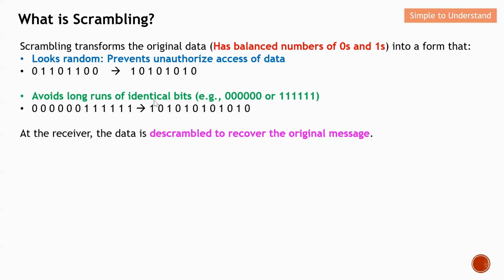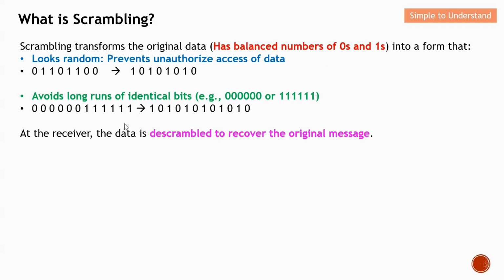But once I scramble into this format, the data will remain intact. One thing that I need to highlight is that we need to have a balanced number of zeros and ones. What does this mean? For example, this is the original data, and you can see that it has 40 zeros and 41 ones. After scrambling, I also need to have 40 zeros and 41 ones. This is the meaning of balanced numbers of zeros and ones.